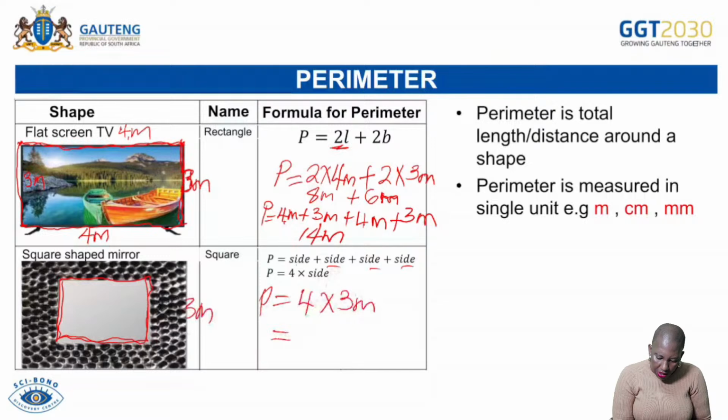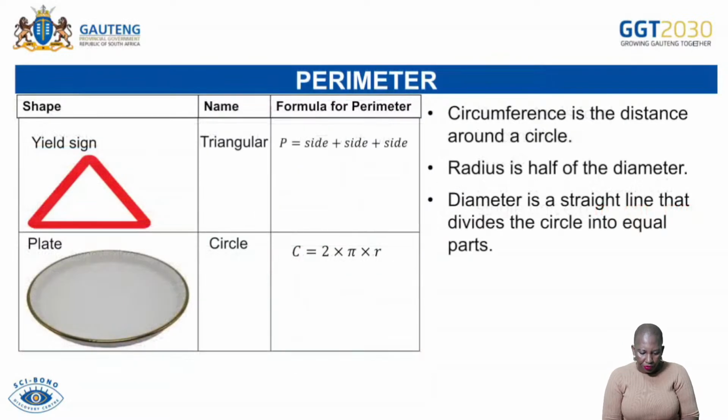Look at the unit. The unit is a single unit. 4 times 3 will be 12 meters. So I've just added 3 plus 3 plus 3 plus 3, which gives me 12.